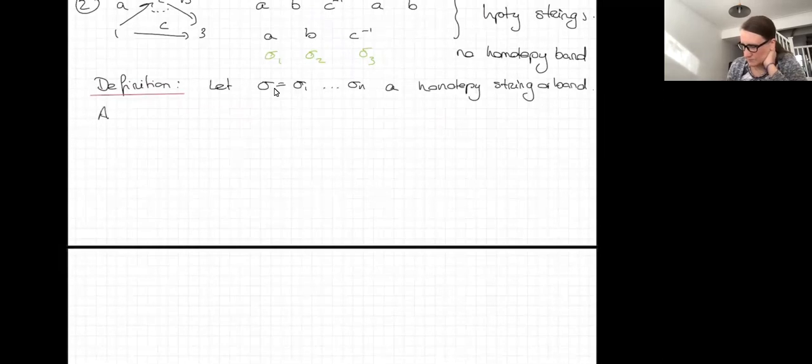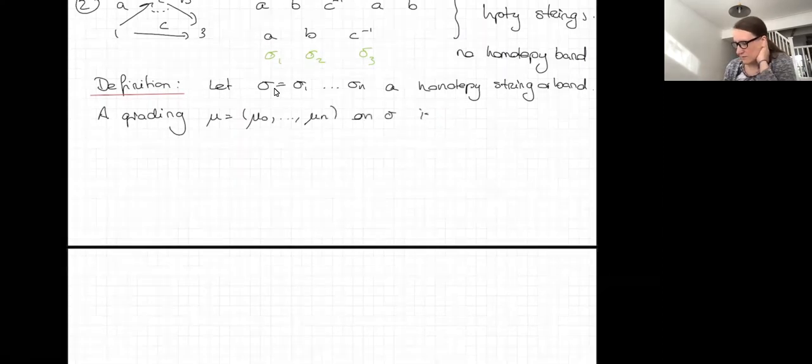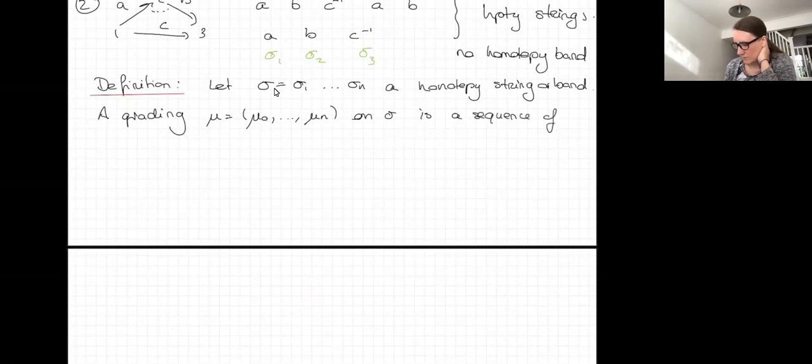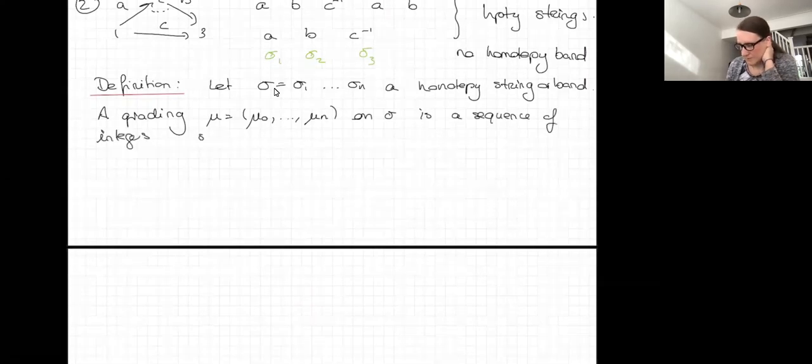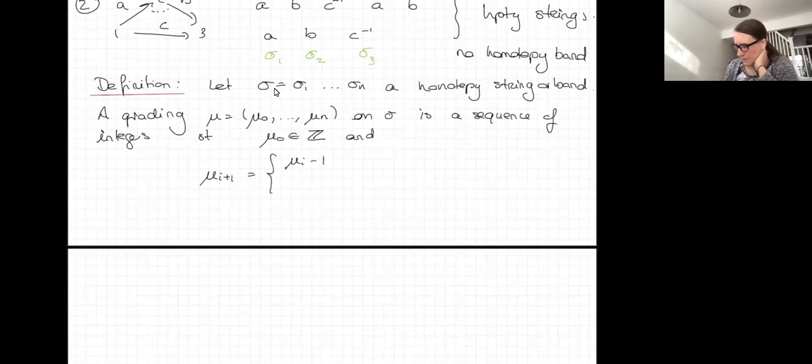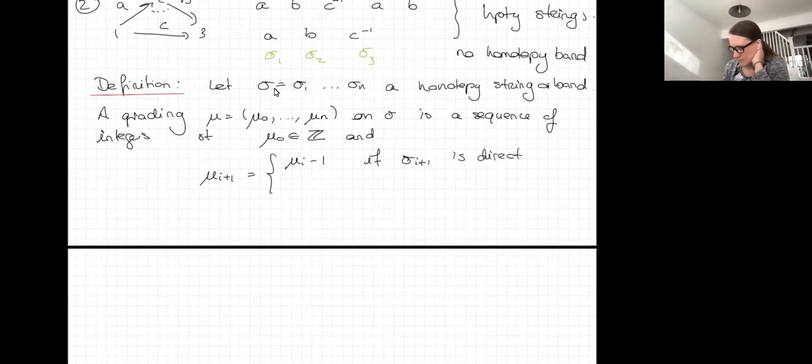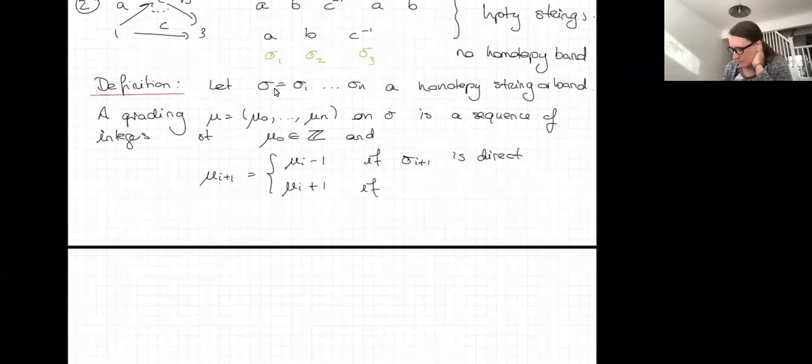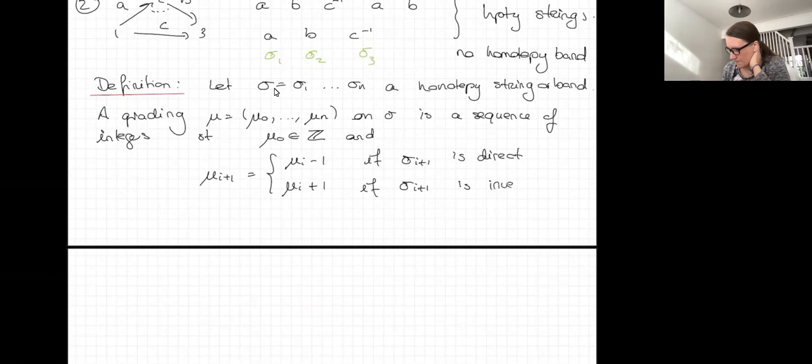Then a grading mu given by mu 0 up to mu n on sigma is a sequence of integers such that mu 0 is simply some chosen integer, and mu i plus 1 is defined recursively, namely it's mu i minus 1 if sigma i plus 1 is direct, and it's mu i plus 1 if sigma i plus 1 is inverse. This is for i between 0 and n minus 1.